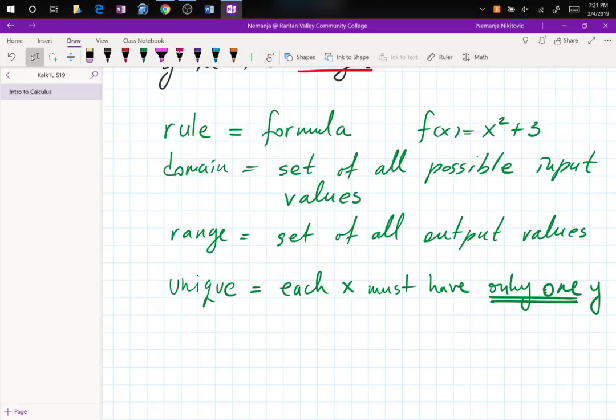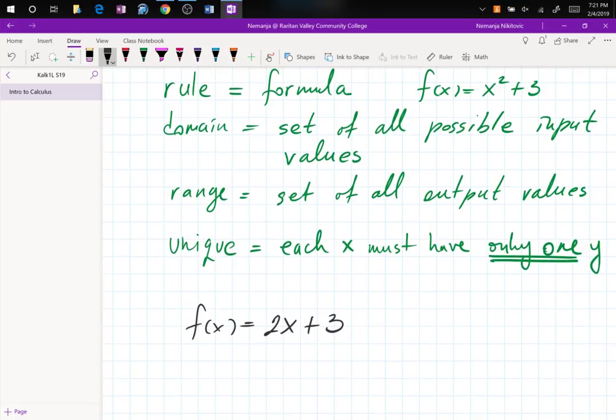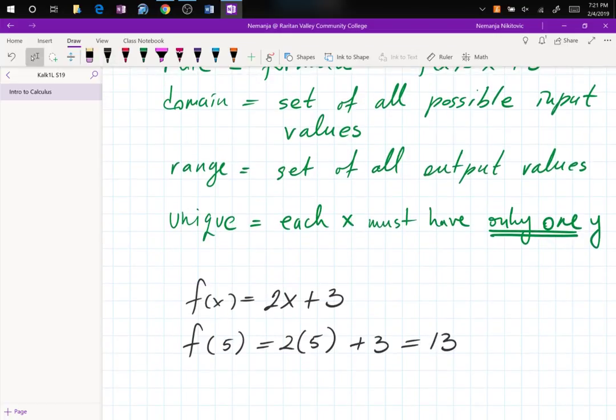To understand all of these again in a mathematical setting, the boring one: we have f of x is equal to 2x plus 3. Now, if I calculate f of 5, that would be 2 times 5 plus 3 to give me the output of 13.